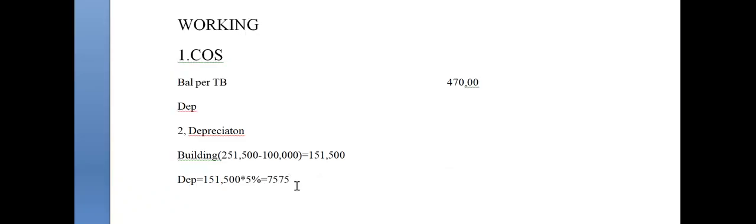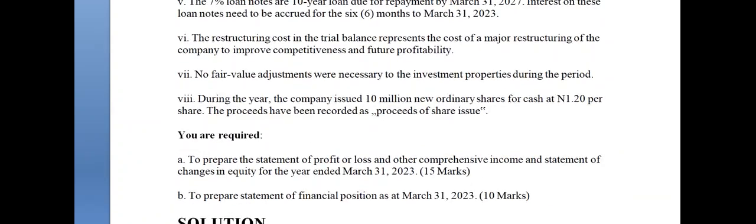That's that for the building. Okay, so it's depreciated for how many years? It is 5%, just one year. Look at it here.